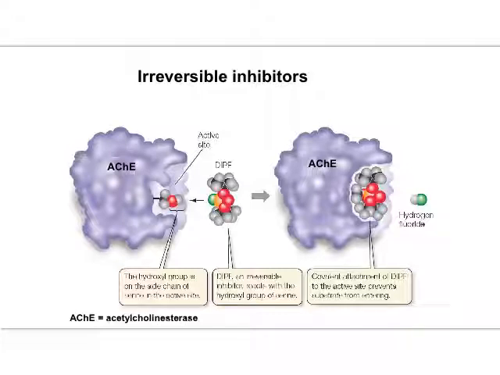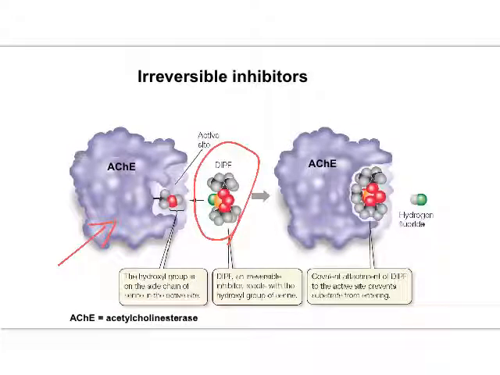So in this example, they're showing the enzyme acetylcholinesterase, which is important for breaking down the neurotransmitter acetylcholine that transmits signals from nerves to muscles, among other things. And there's this inhibitor, DIPF, which in this case is a nerve gas.